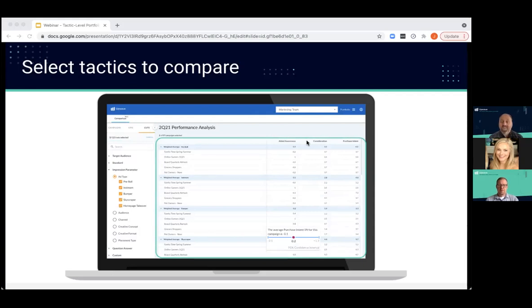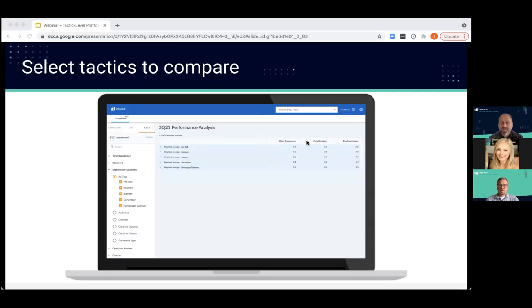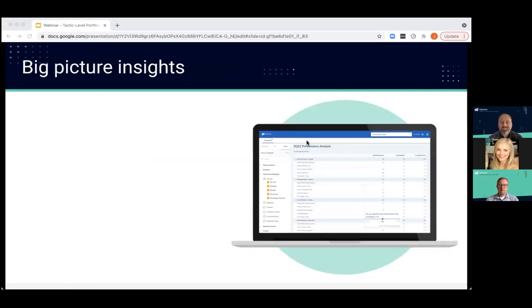And that's based on the KPIs and the campaigns that you choose. And you can take that analysis and collapse it to a tactic level so that you can easily compare weighted averages by tactic to provide you with at-a-glance benchmarks. It's really exciting. It's easy and it's fast.